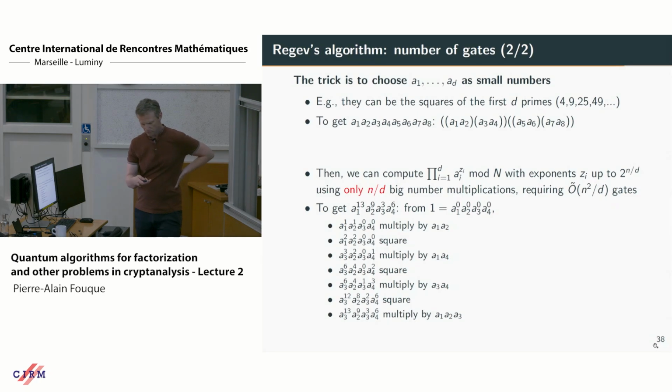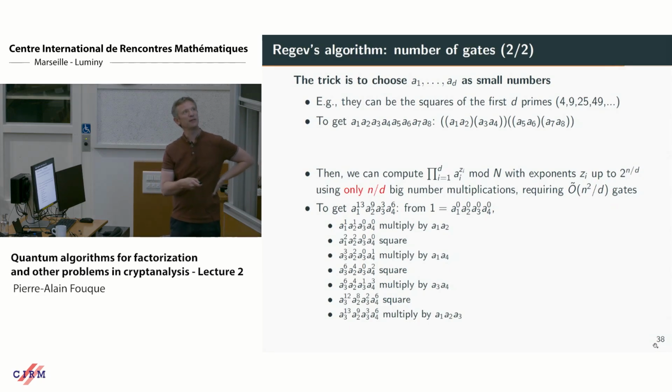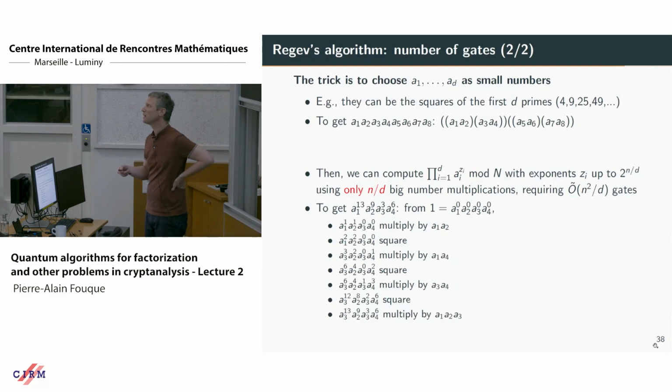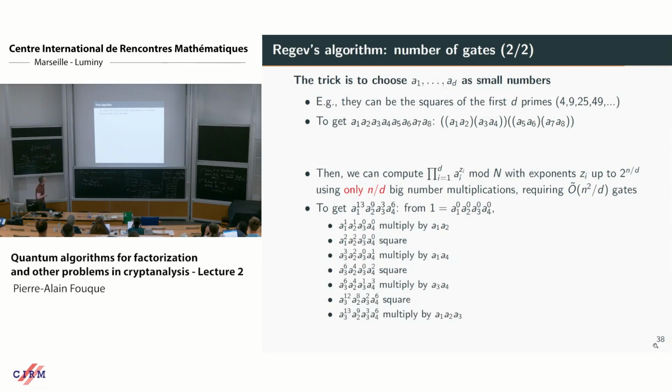So you see that if the exponent here is as large as 2 to the n divided by d, I just have n divided by d multiplications and squarings. So it's basically 2n divided by d.